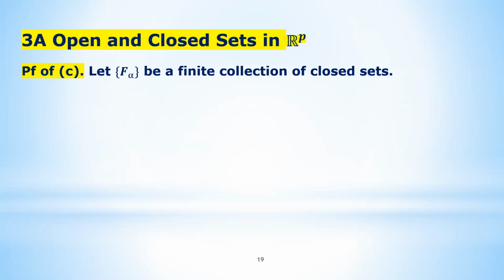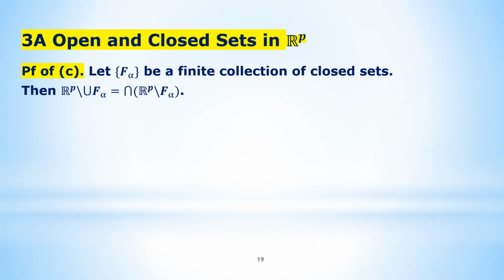Now let's see part C. It follows from the same identity, the same idea. This time, let's say that F alpha is a finite collection of closed sets. The union or intersection notation doesn't tell you whether it's finite or infinite, but let's assume it's finite.